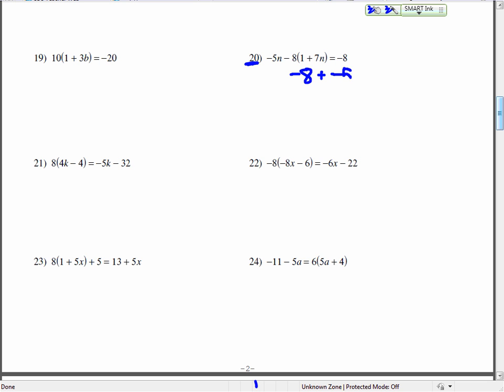Okay, wait, hold on. What are you doing? Why are you doing the negative when you have that negative 5n first? You guys got to always remember to go from left to right. Are you doing anything with this negative 5n? So bring it down. A lot of times when people don't write it down, they forget it exists.